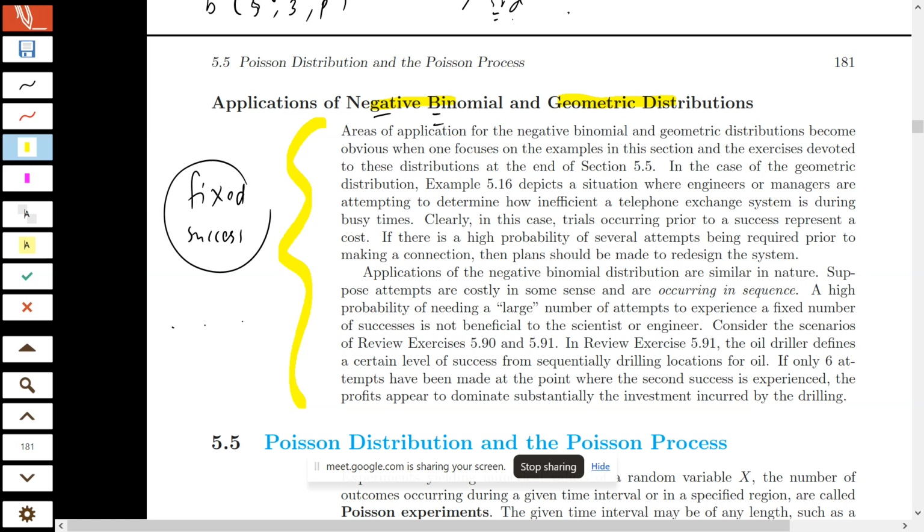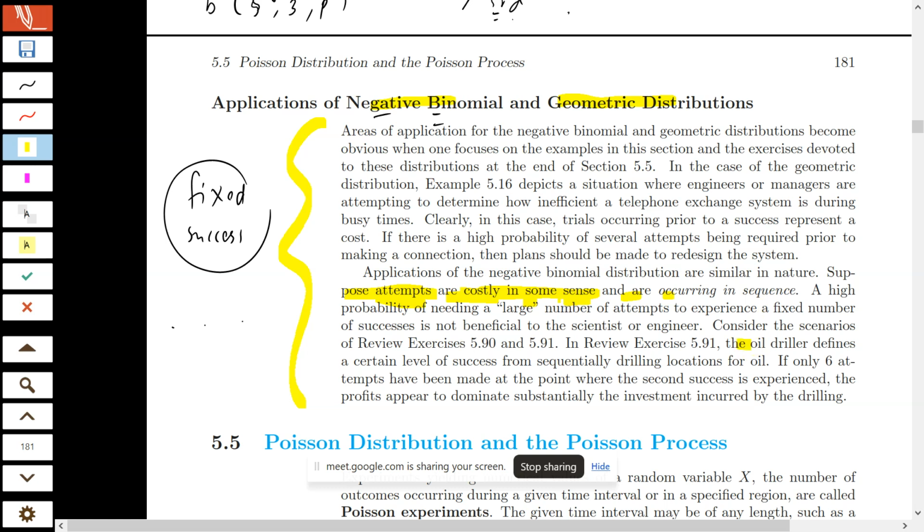So a trial can be seen as some attempt in a real world situation. You are attempting something, let's say you are investing in some business, or you're taking exams or whatever. But in some cases these attempts are costly in some sense, either in terms of resources or in terms of time. A common example is drilling.